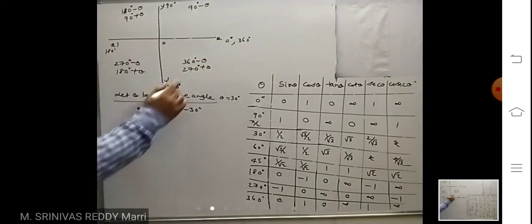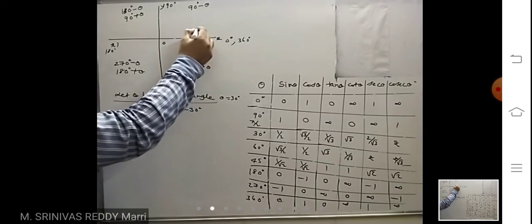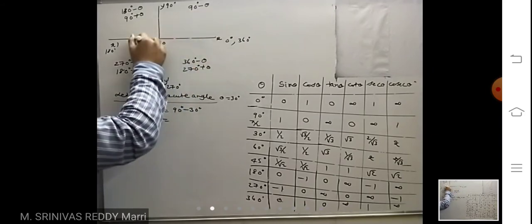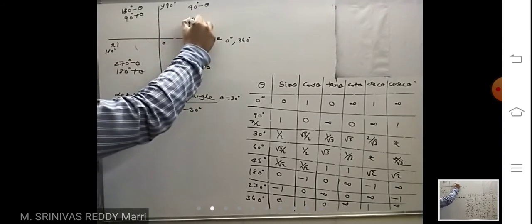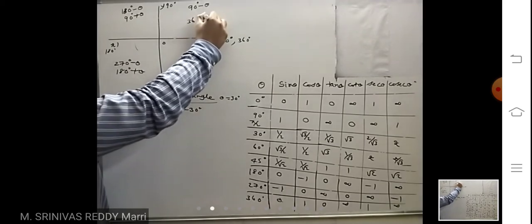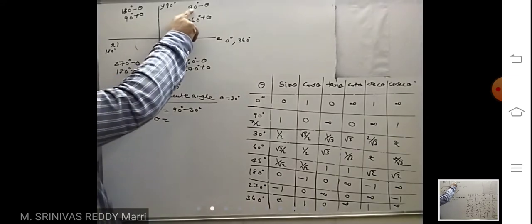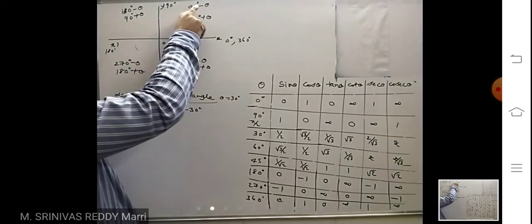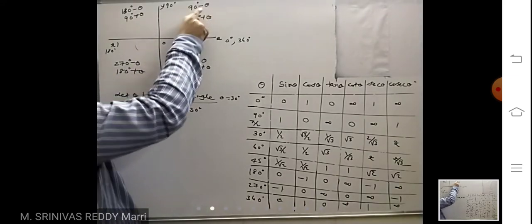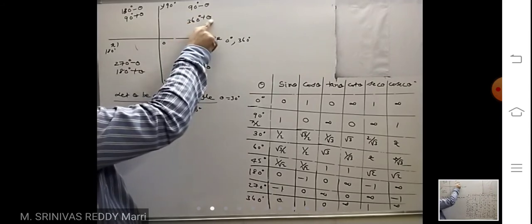Now in this quadrant you can write 90 minus theta or 1 rotation plus theta. That means in the first quadrant the angle will be of the form 90 degree minus theta or 360 degree plus theta.